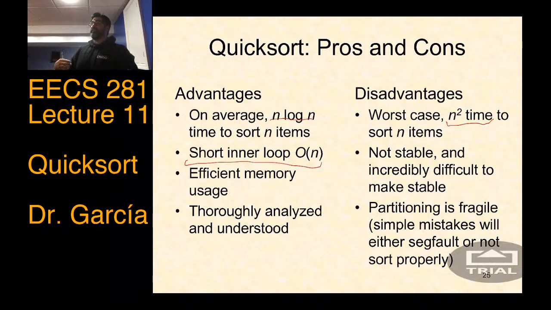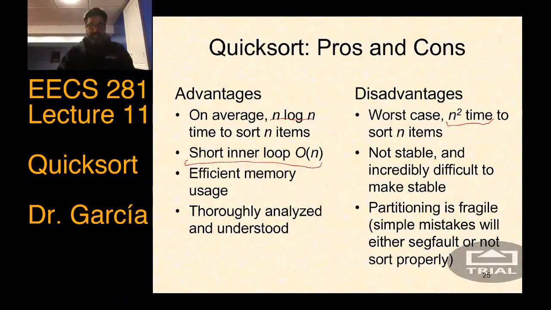Folks could potentially reverse engineer. In fact, this is true of any pivoting strategy. You could potentially reverse engineer the pivot strategy and then give the algorithm input such that it behaves in worst case complexity of n squared. But it's a lot of work in order to be able to do that. So oftentimes, we don't have to worry about this n squared behavior.